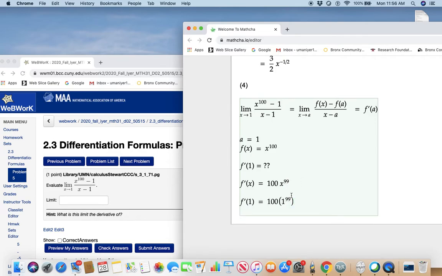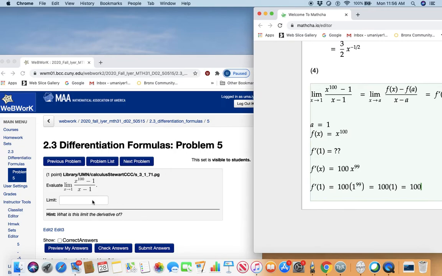Well, 1 to any power is 1. So it's 100 times 1, which is 100. That's all. If you try to find the limit directly, it's not easy. You need to factor this and so on. Whereas here, it's a simple derivative. If you convert this to a derivative definition, then everything falls in place. Okay? So this is 100.